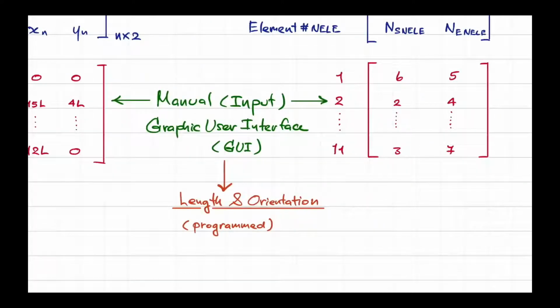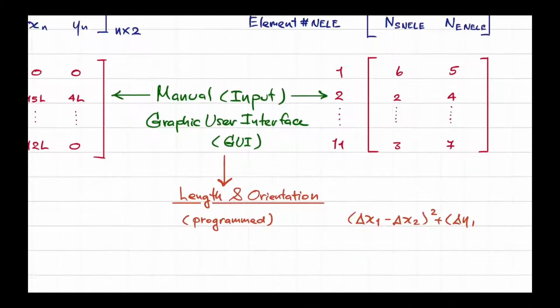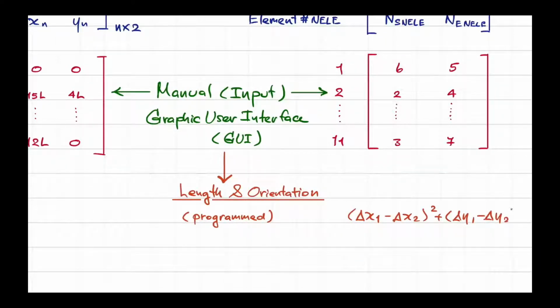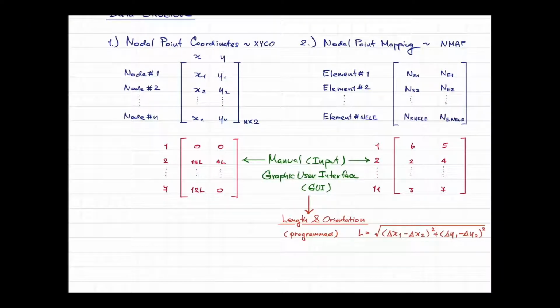The length, high school student can do it, right? So you get the delta x1 minus delta x2, square it up, plus delta y1 minus delta y2, square it up. Just that one line, you get the length already. It doesn't take time.